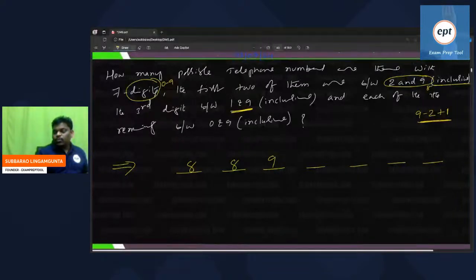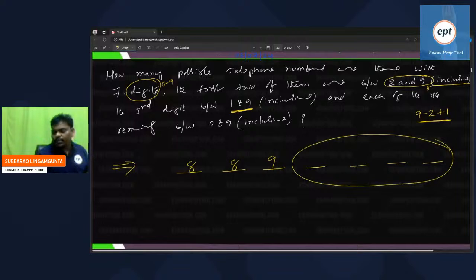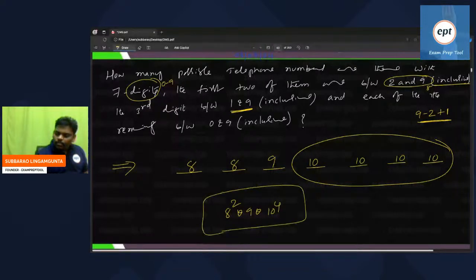Otherwise, you can count manually: 1, 2, 3, and so on up to 9, so 9 possibilities. Next, each of the remaining 4 is between 0 to 9, that is 9 minus 0 plus 1, 10 possibilities. So everywhere 10 possibilities. The possible number of telephone numbers is 8 squared into 9 into 10 power 4. This is the answer. Ask me, I will help you.